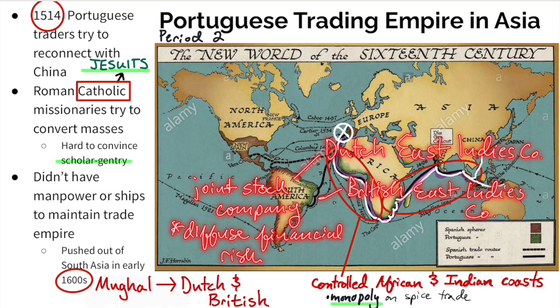You have the British East Indies Company. Okay, y'all, those are important terms to know. Dutch East Indies Company and the British East Indies Company. Those are joint stock companies that took over the trade routes and they started competing with the Portuguese. So Portugal's golden age has come and gone. Okay, now it's Britain's turn.